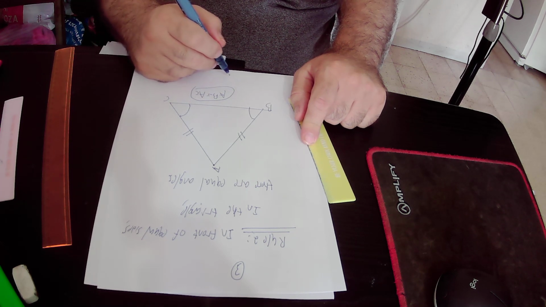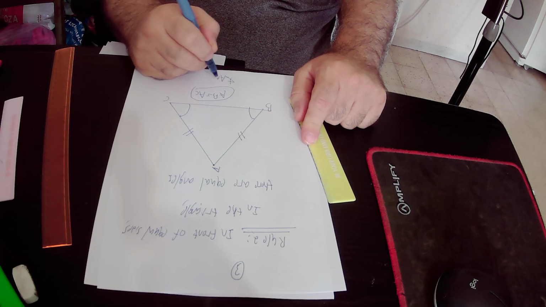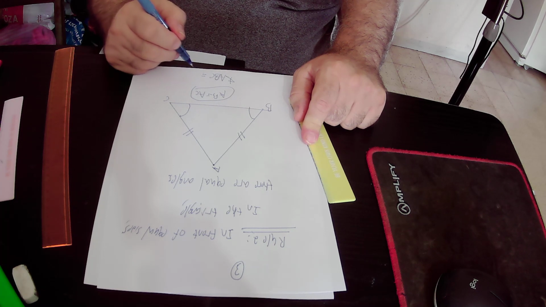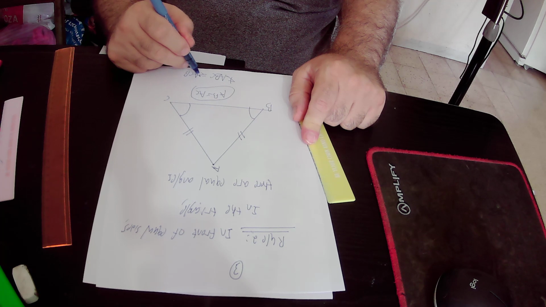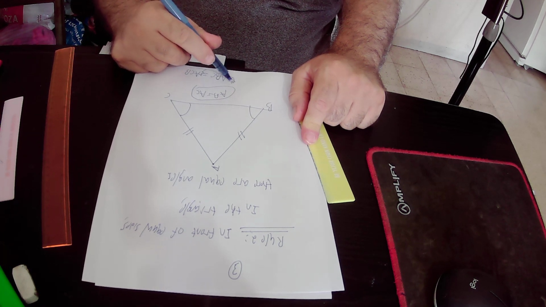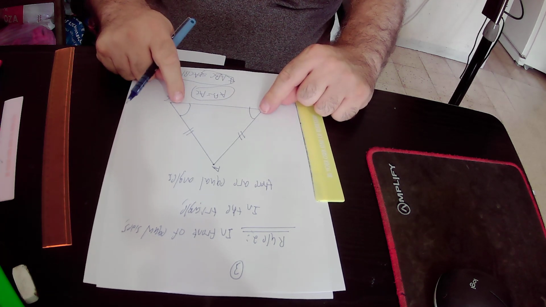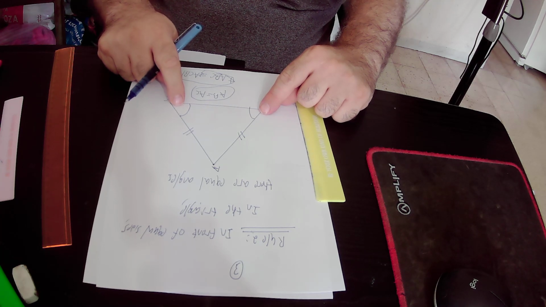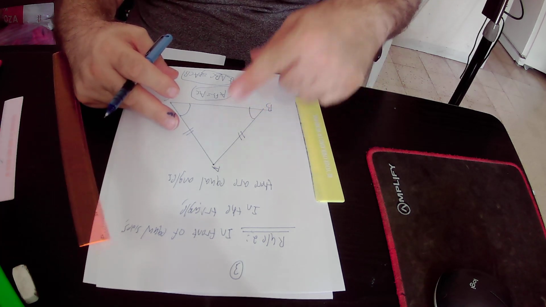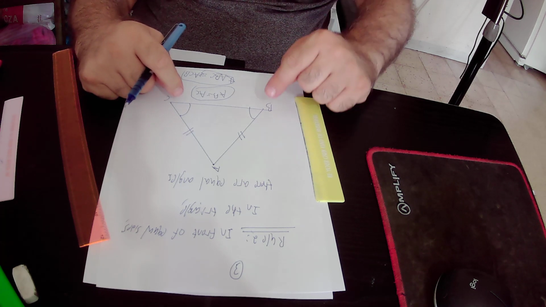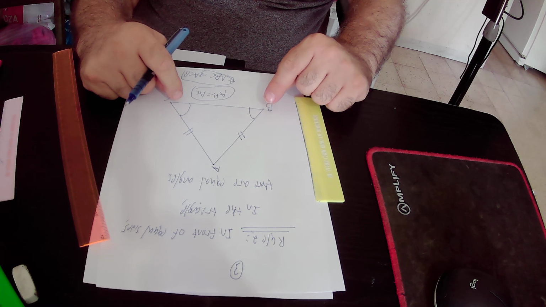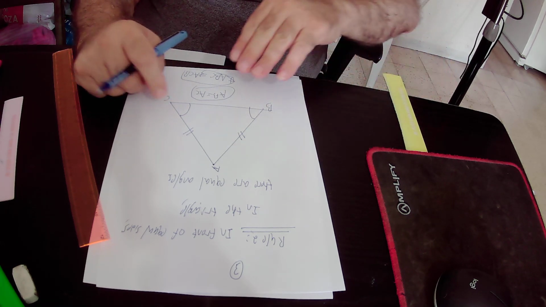That is to say, angle ABC equals angle ACB. Those two angles are equal because AB equals AC. Therefore, angle ABC also equals angle ACB according to rule number 2.